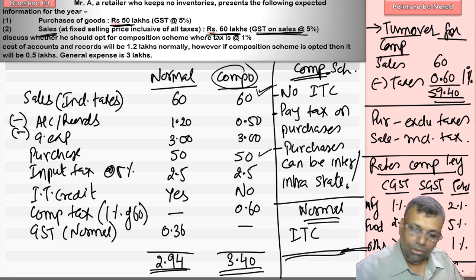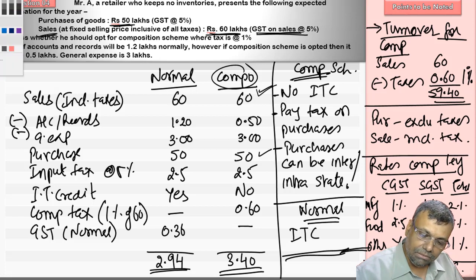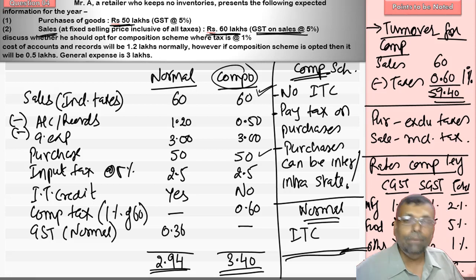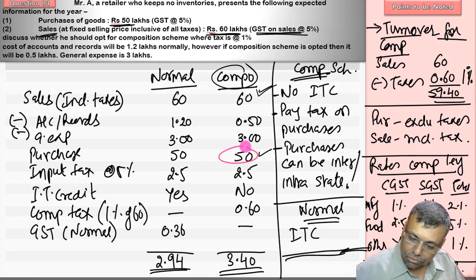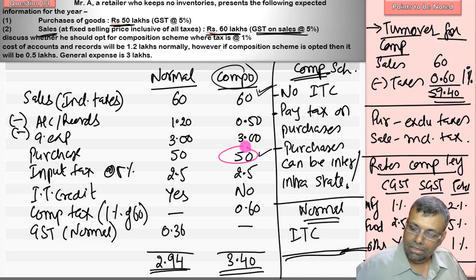Now, on the purchases that you are doing, there will be a tax, because the person who has sold to you is not going to give it tax free; he is anyway going to charge. Say the GST on the purchases is 5%.